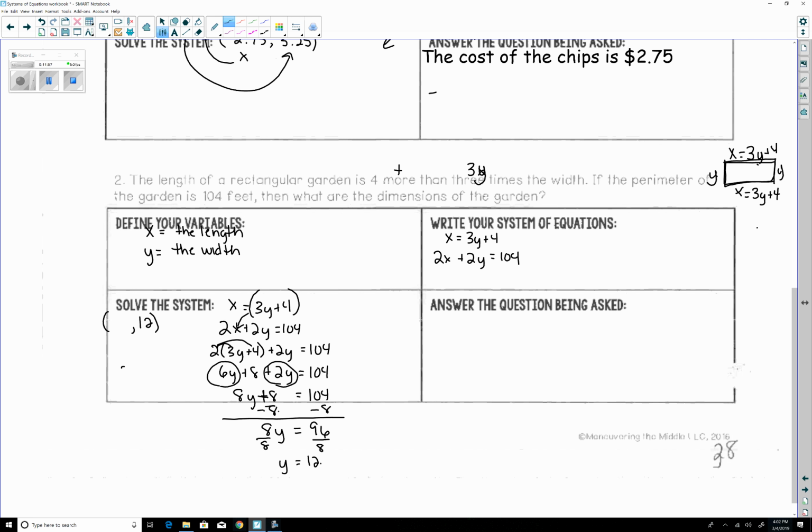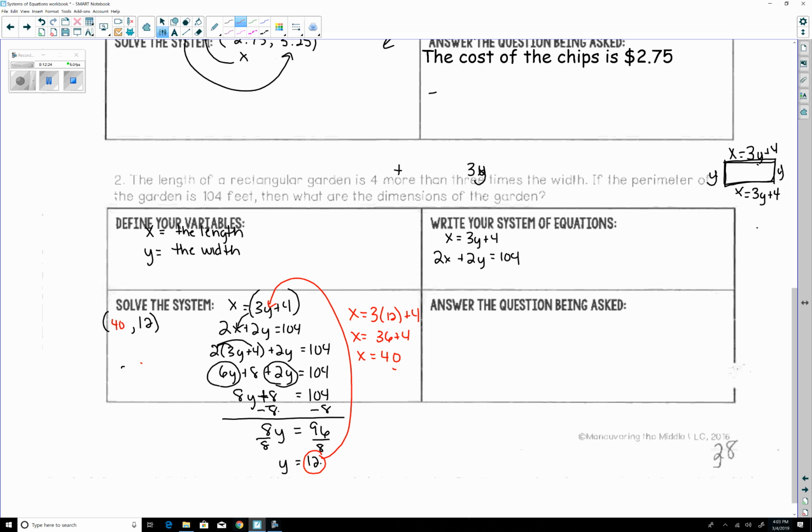I'm going to take that and plug it into the top equation because x is already by itself. 3 times 12 plus 4. 3 times 12 is 36. Or you could just do it on your calculator. So x is going to be 40.